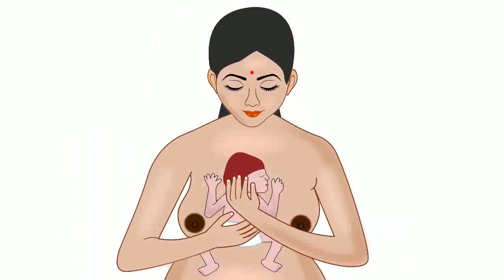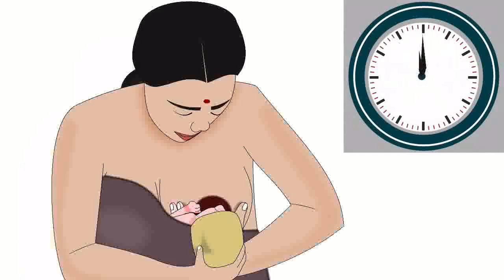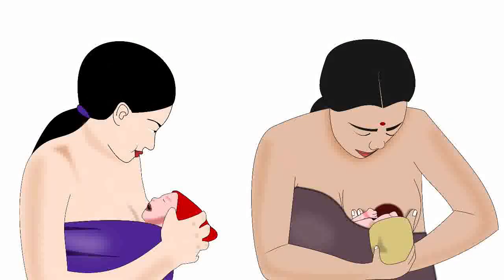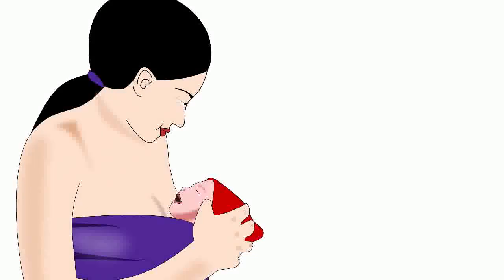KMC consists of two main components: continuous and prolonged skin-to-skin contact between the mother and her baby, and exclusive breastfeeding. Let's discuss these two components in detail. The first component is skin-to-skin contact.